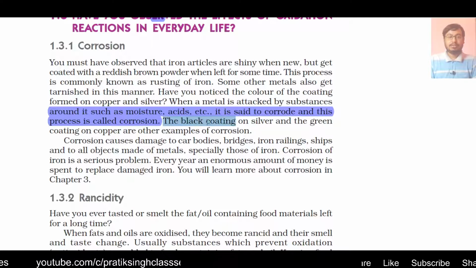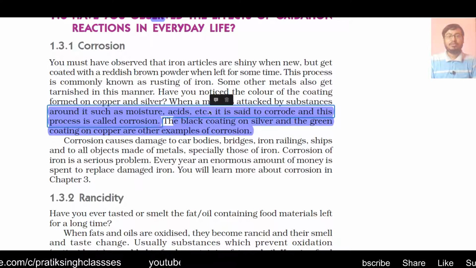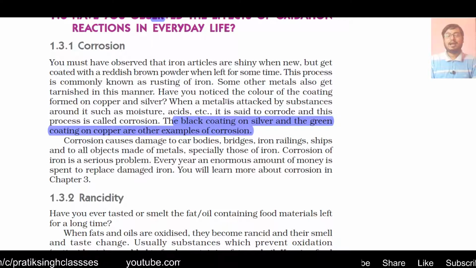The black coating on silver and the green coating on copper are other examples of corrosion. Because of corrosion the iron particles get a reddish brown color, the copper particles get a greenish color, and the silver gets a black coating over it.